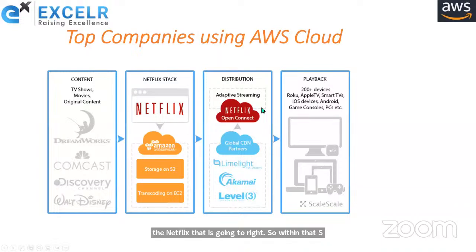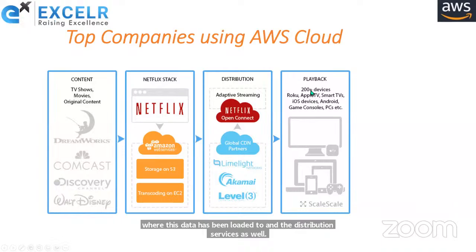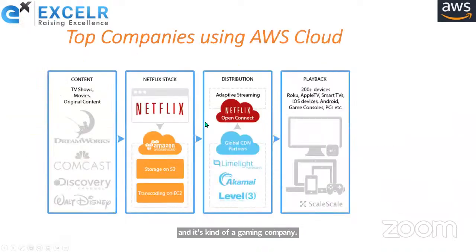And the distribution services as well, you can see Netflix Open Connect, global CDN partners, and gaming companies as well. And the playback devices, 200 plus devices: Roku, Apple TV, smart TVs, iOS devices, Androids, gaming consoles, PCs, etc. So these are sample examples where Amazon provides cloud services to these particular customers. Okay.